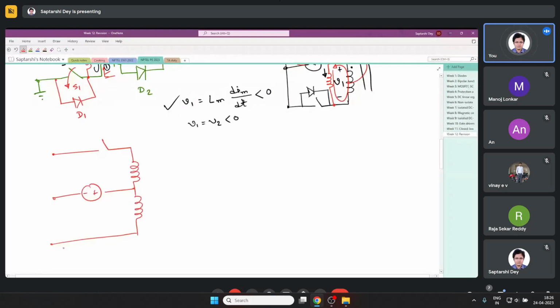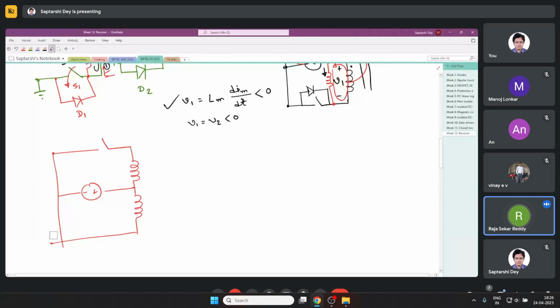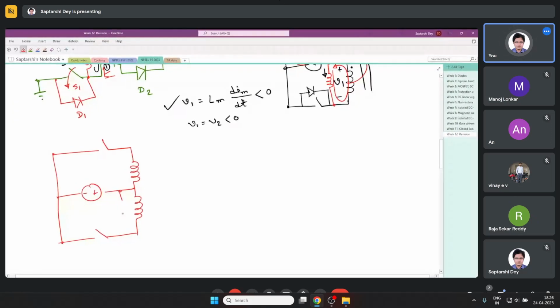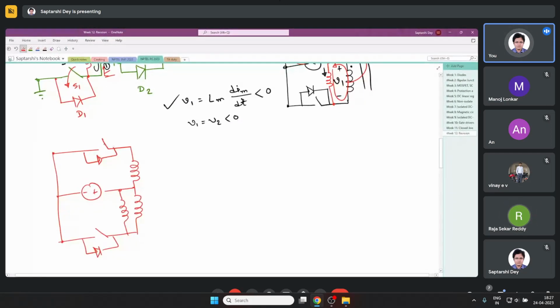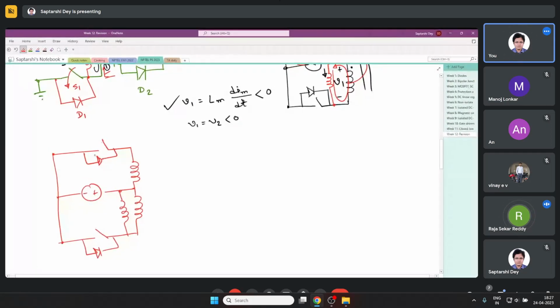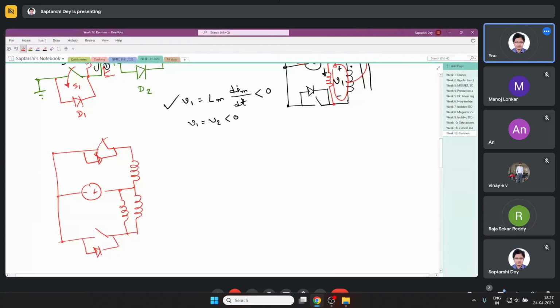All of them are connected. This is the magnetizing winding. These are the two diodes. Now S2 is closed. Now what is happening?